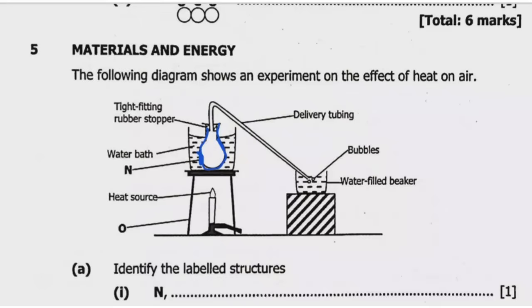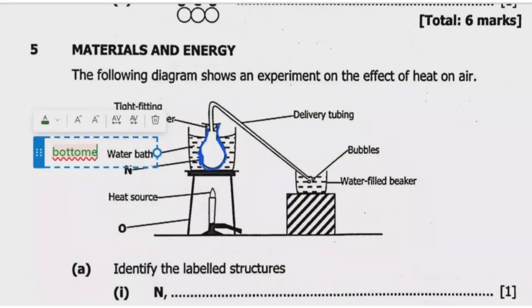That apparatus is called a round bottomed flask. Let me just read here, I don't know what I was writing there, so we can say that is a round bottom flask.